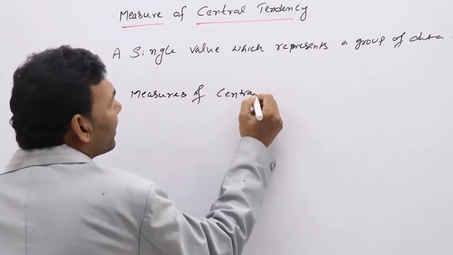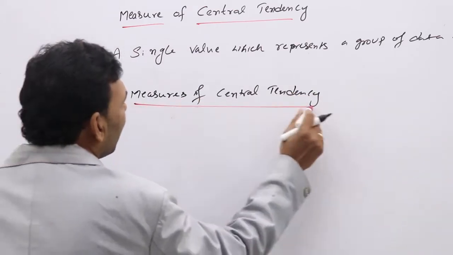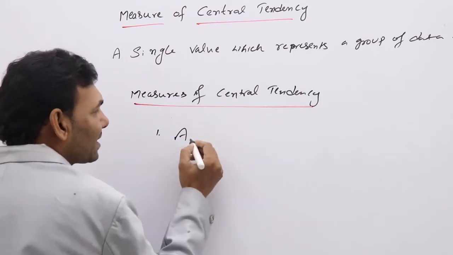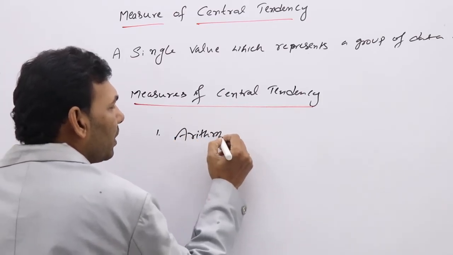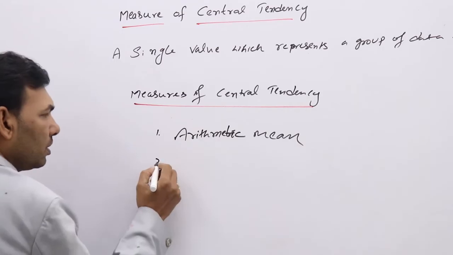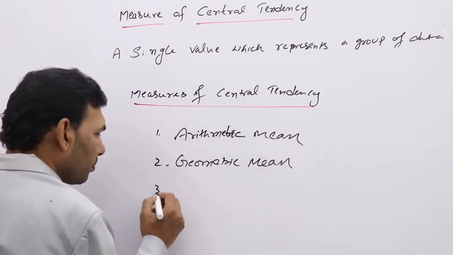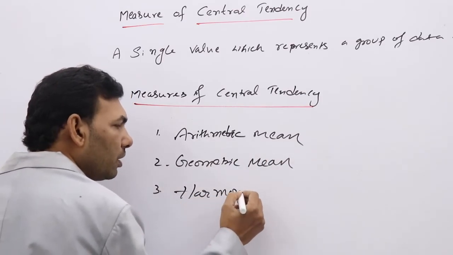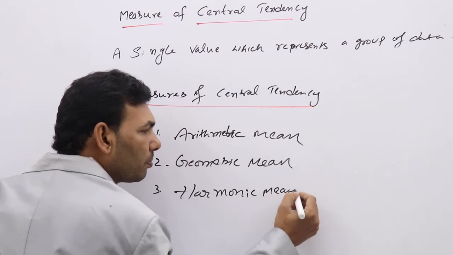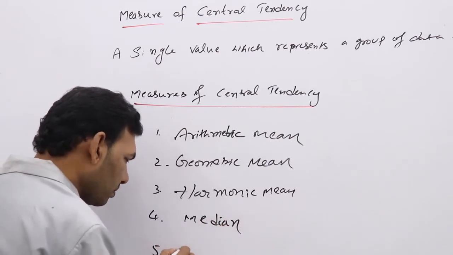There are so many, and these all come under measures of central tendency: arithmetic mean, geometric mean, harmonic mean, median, mode.